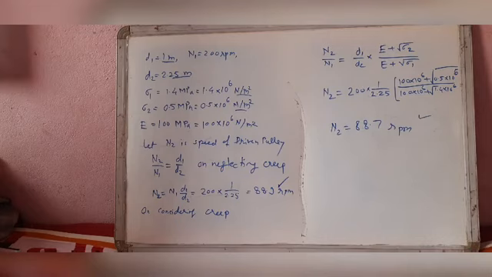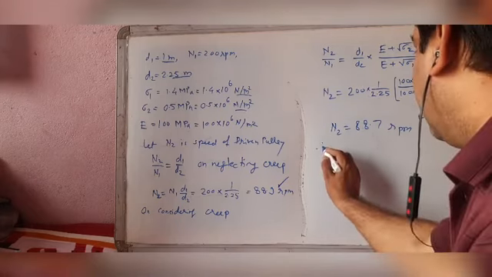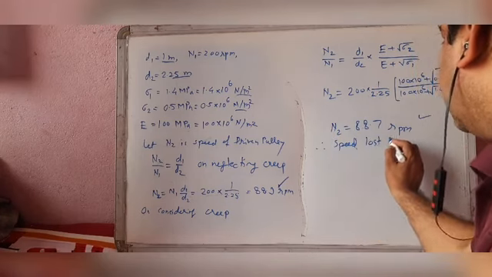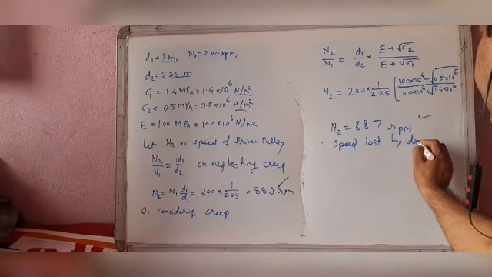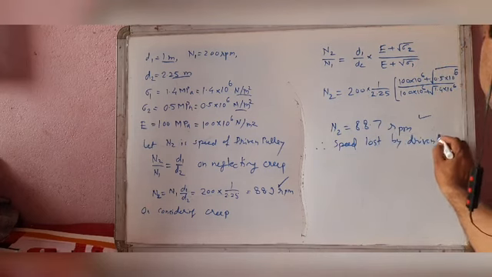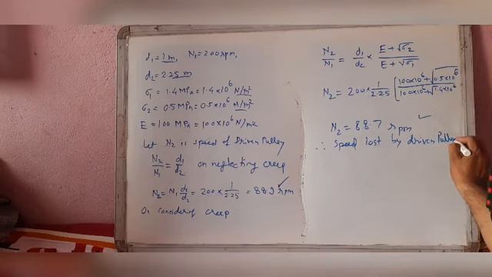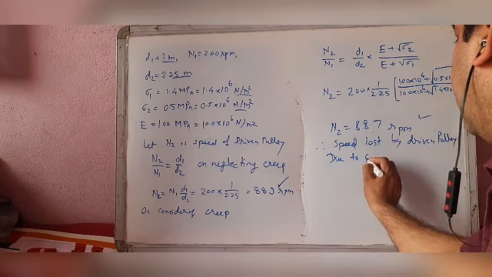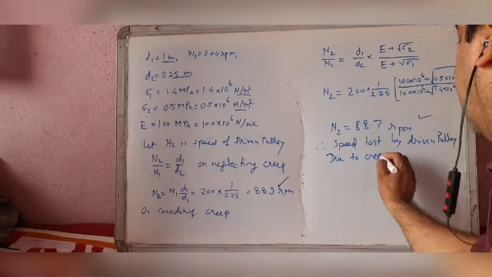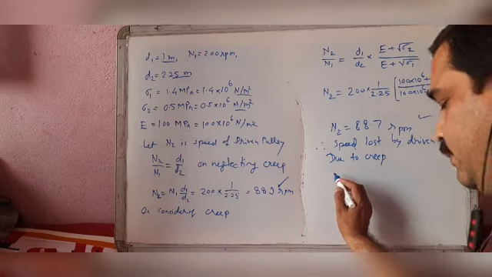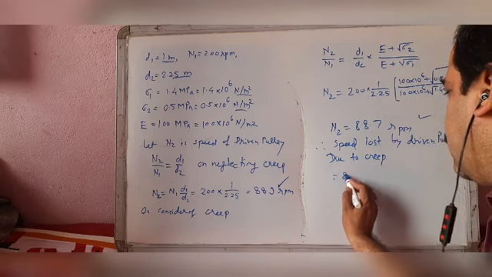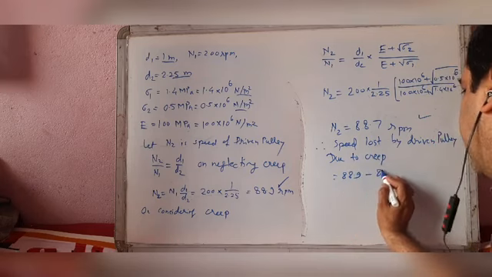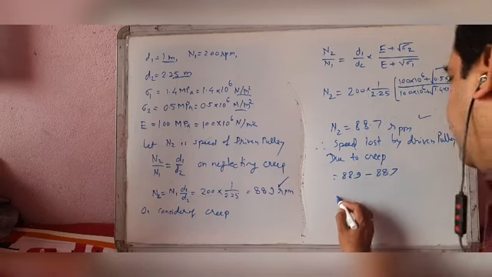So the speed lost by the driven pulley due to creep is equal to 88.9 minus 88.7.